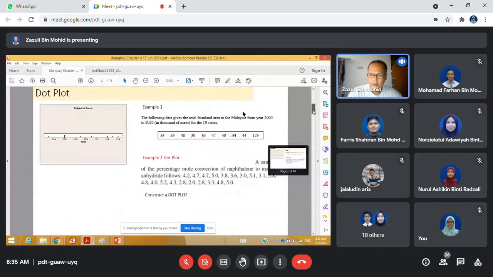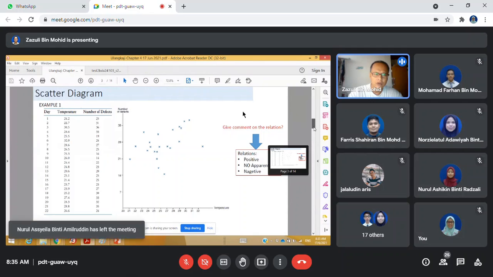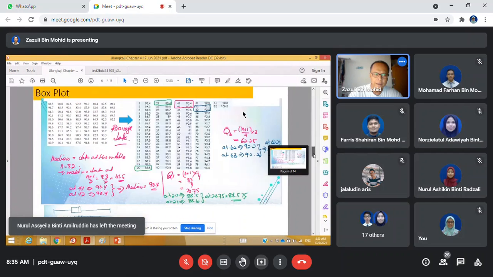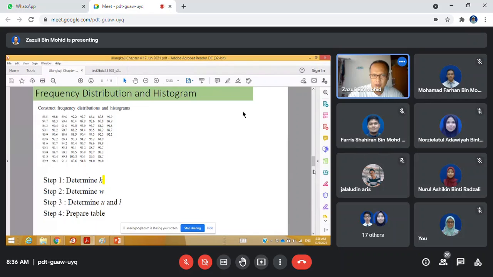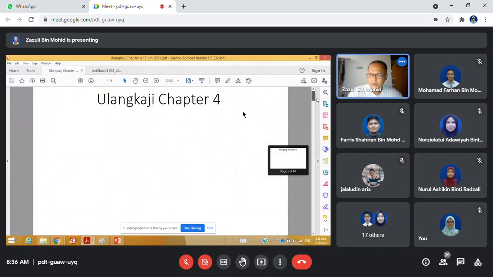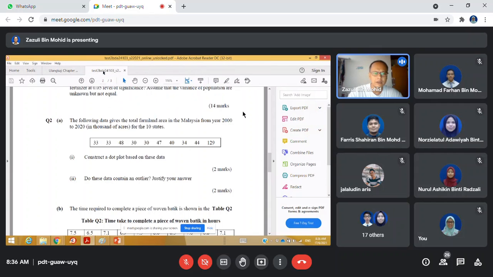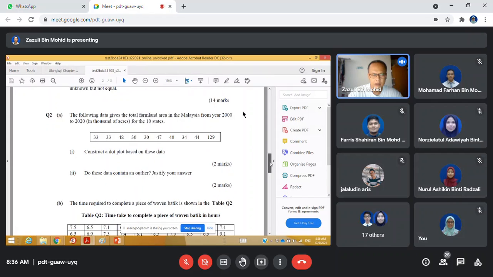In the previous test, which is test 2, you were required to draw a dot plot and also the frequency distribution histogram. So the question that appeared in your test was like this.